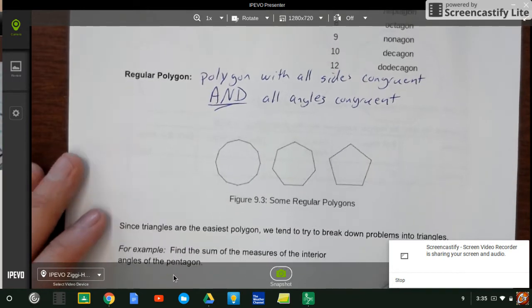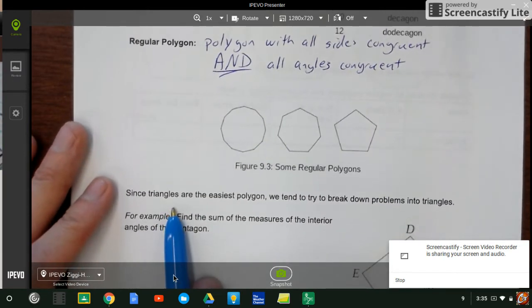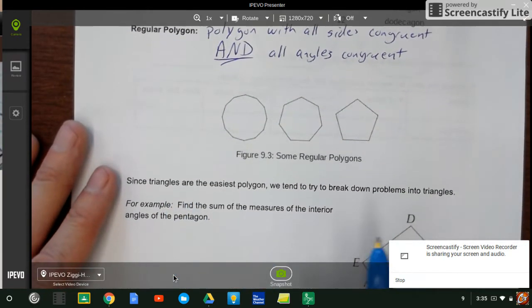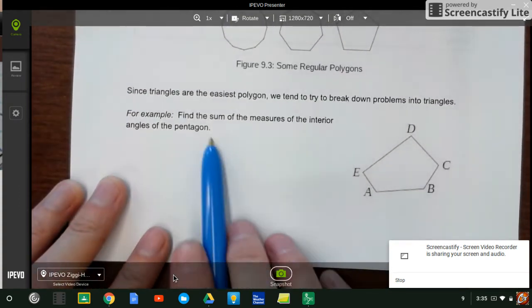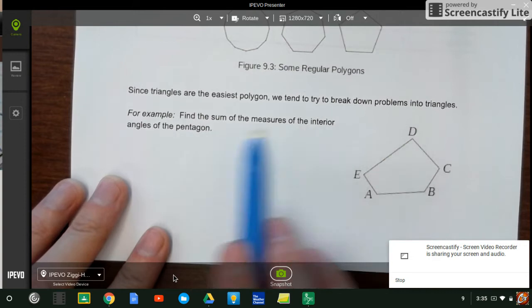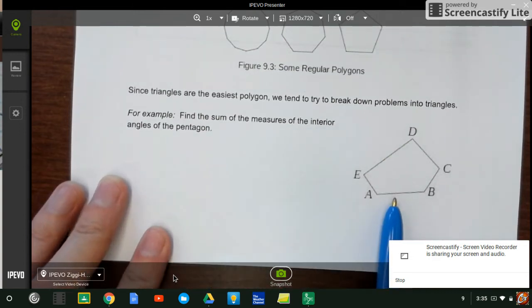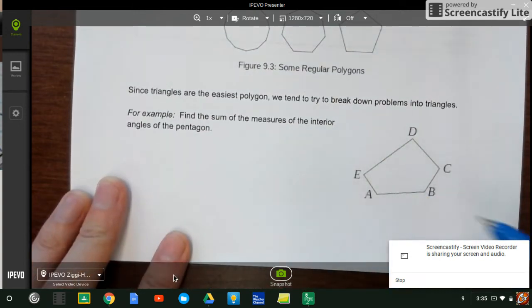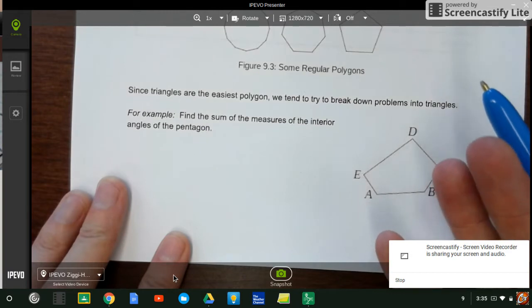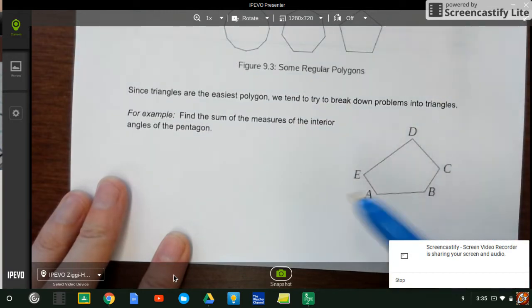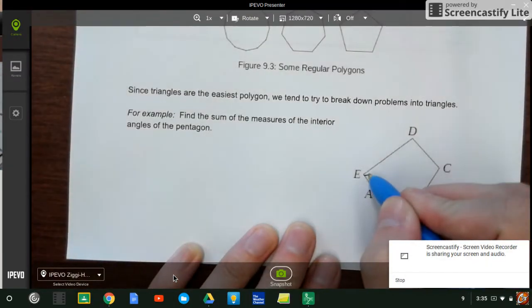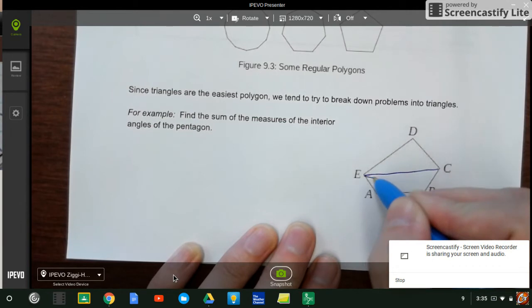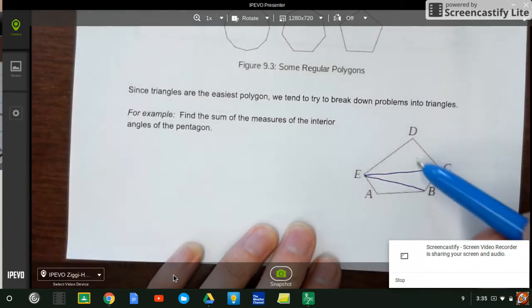So moving on with that, since triangles are the easiest polygon to deal with, we tend to take our problems and break them down into triangles. For example, we want to find the sum of the measures of the interior angles of this polygon. Well, again, triangles we know sum to 180. Beyond that, you might know quadrilaterals, but this is a pentagon. So we got to break that down. Well, let's break it into triangles. So if I go from E to C and from E to B, I've created 3 triangles.